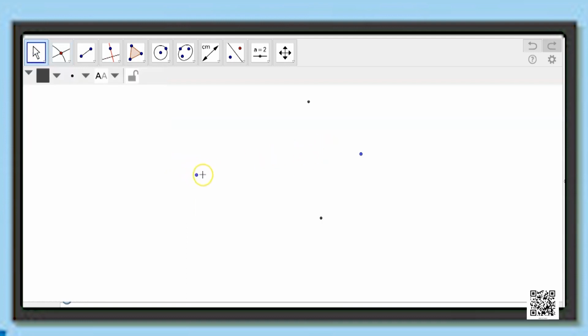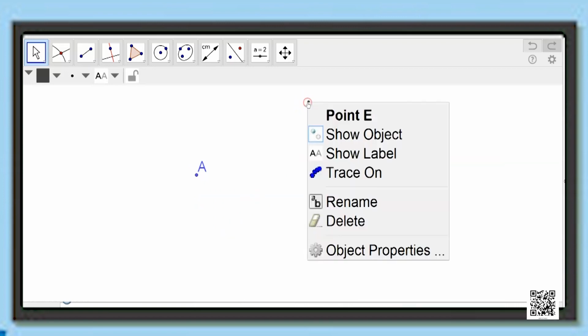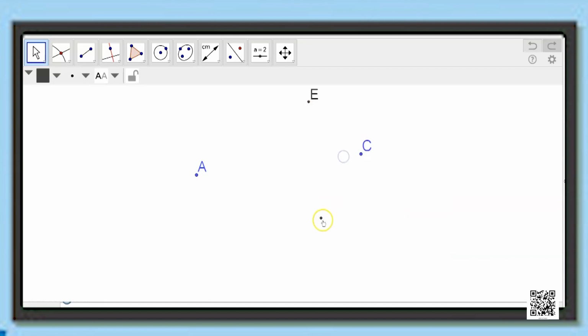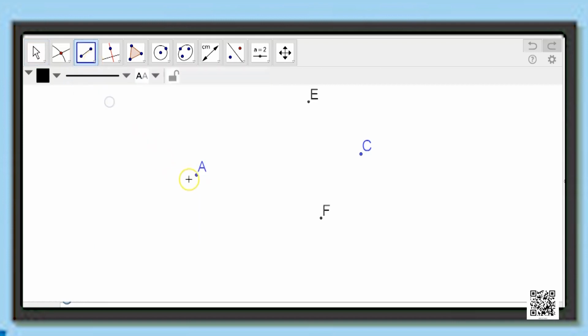Point A, this will be point C, this one will be E and this will be F. Now, let me join all these 4 points using the segment tool. So, first AE, then EC, CF and FA.